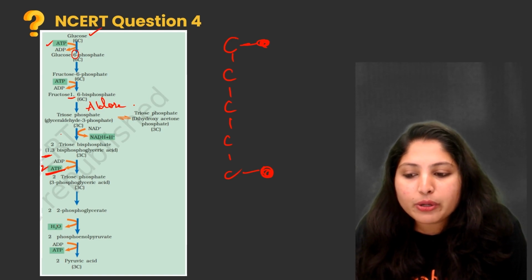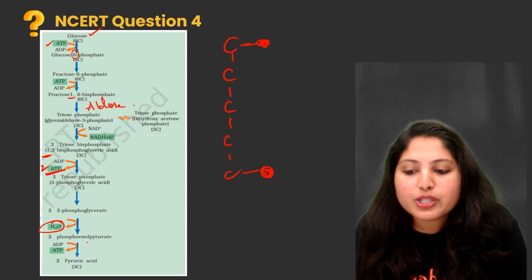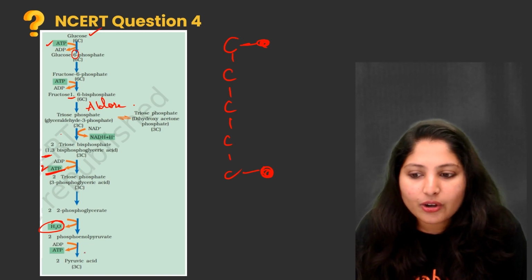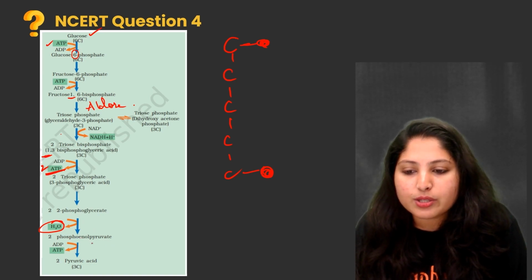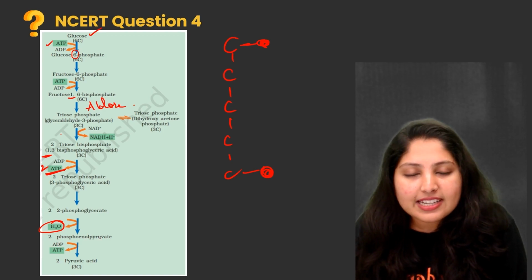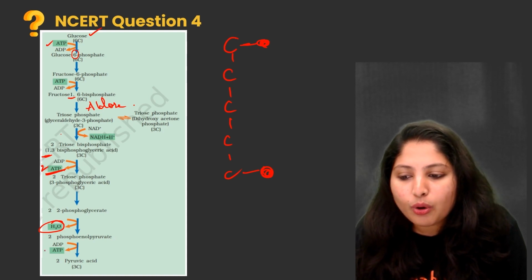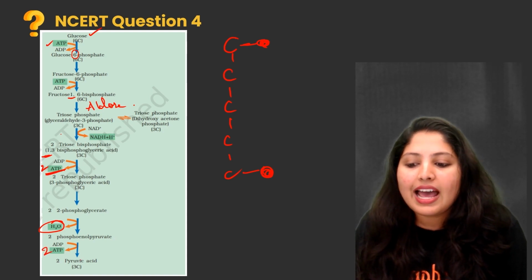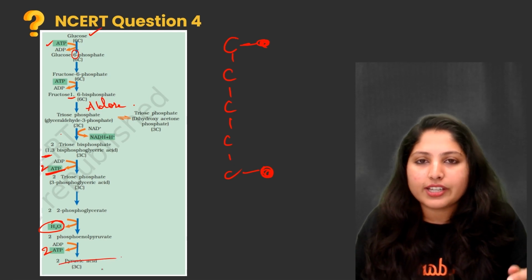One molecule of water is removed from here and it is converted into phosphoenol pyruvate. From phosphoenol pyruvate also one phosphate group is removed. Hence 2 ATP molecules are produced and 2 pyruvic acid. Finally 2 pyruvic acid is going to form.